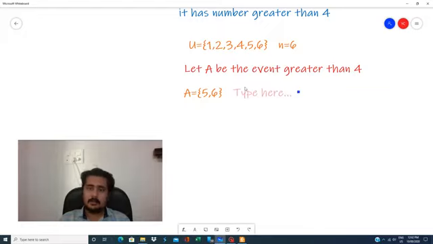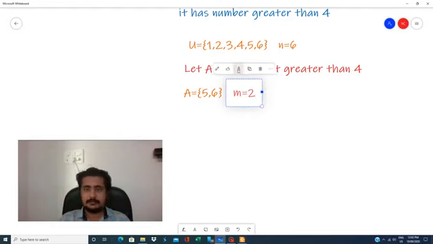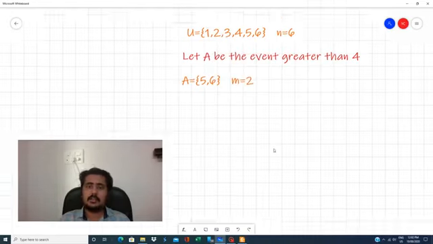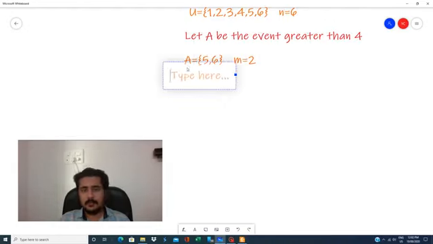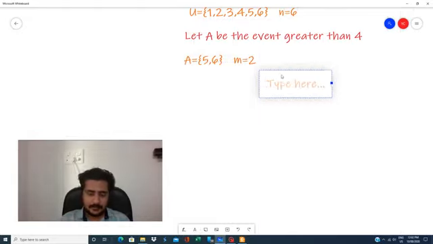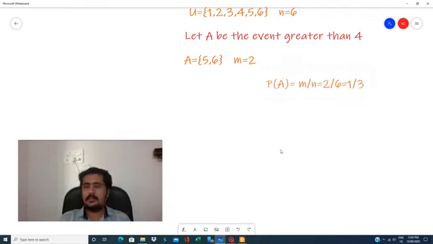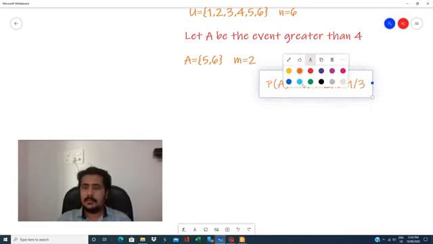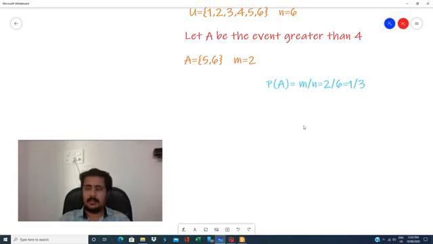So the count is 2. The probability here will be m upon n, that is 2 by 6, which is 1 by 3.